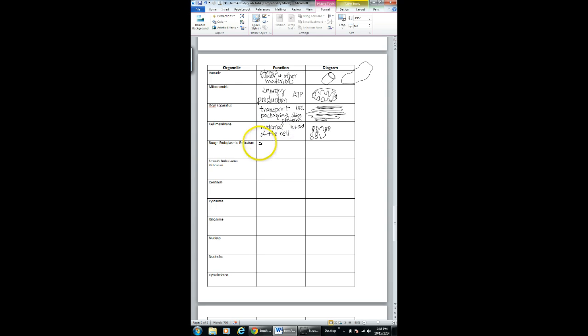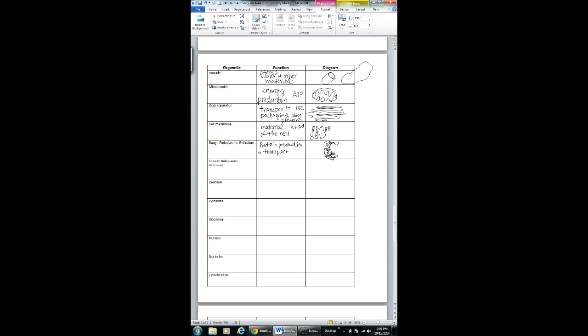The rough ER, this is protein production and transport. And this is right around the outside of the nucleus. So it usually has a kind of circular shape, and it has little dots all over it, little ribosomes.